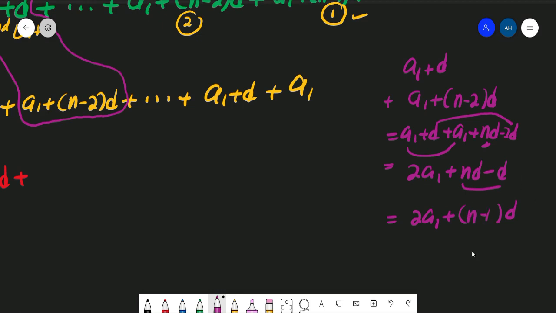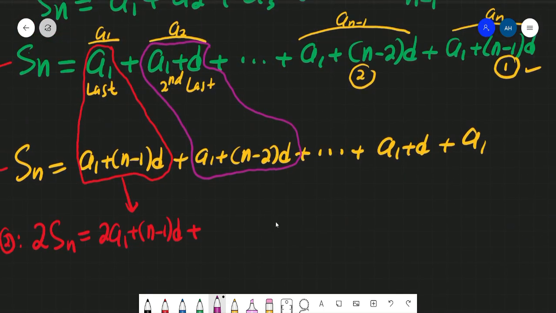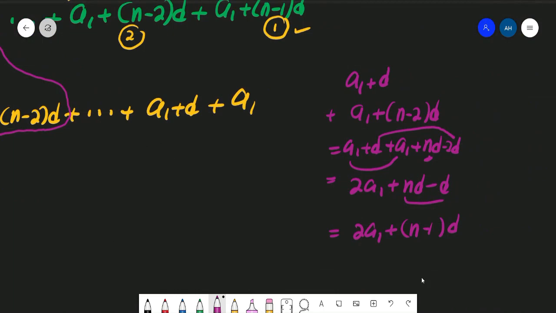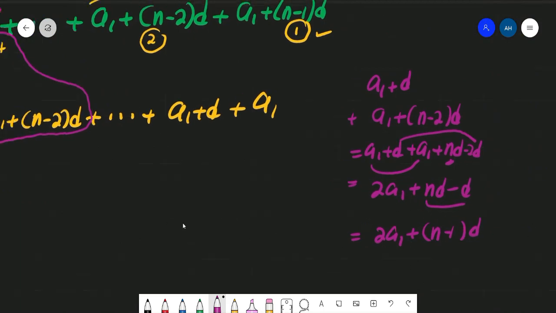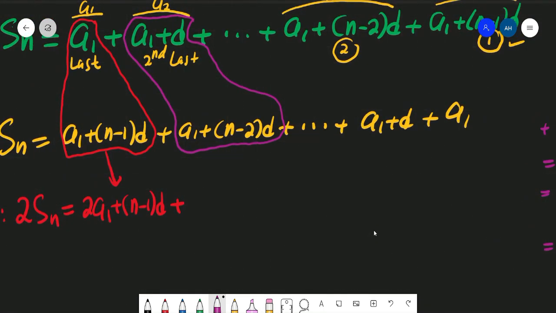So the sum is 2a1 plus n minus 1 times d. The sum of this plus this, as we show here, equals this. That is 2a1. Let's write it down: is equal to 2a1 plus n minus 1 times d, plus dot dot dot, plus.